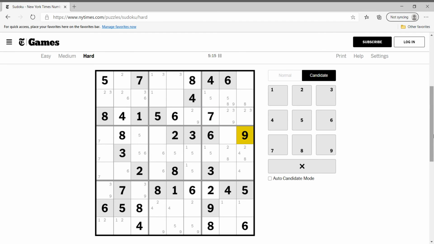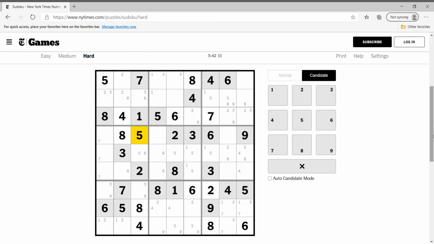Okay. So over here we have 3 and 7, which is unfortunately kind of blocked. So in this cell, it cannot be 1, 2, 3, 4, 6, 7, 8, or 9.